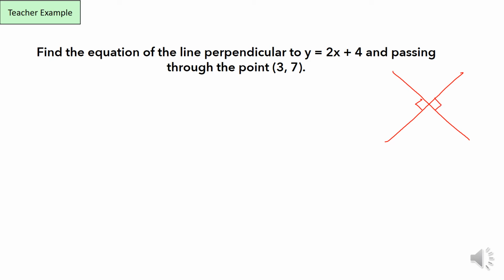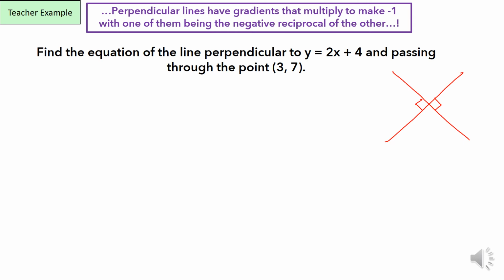So in terms of gradients, it is very important to know that the gradients of two perpendicular lines have a special relationship to each other, and that relation is that perpendicular lines have gradients that multiply to make minus 1, with one of them being the negative reciprocal of the other. For example, if you have the m for this line, which is 2, and you want to find the gradient of the perpendicular line, you have to write the reciprocal of 2.